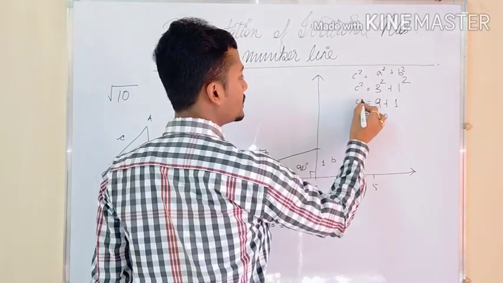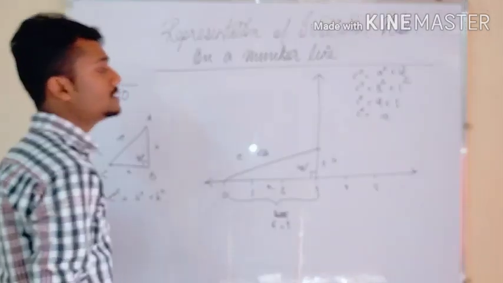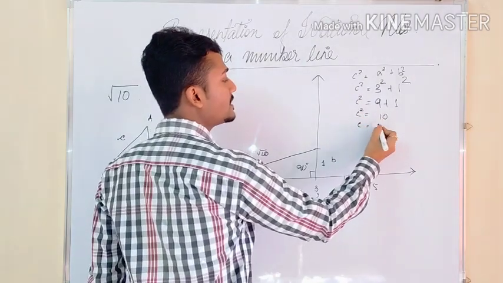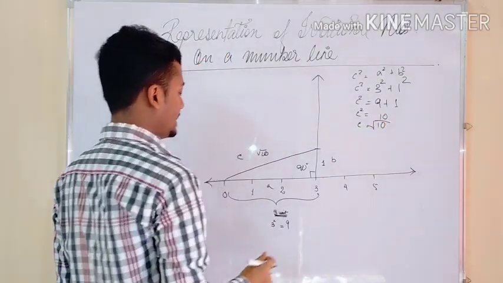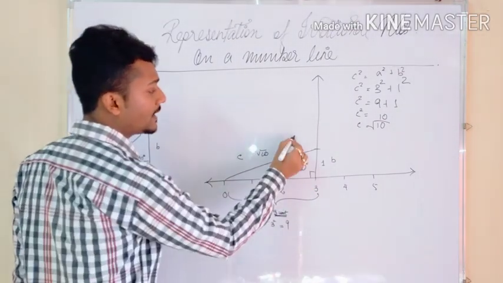C square is equal to 3 square plus 1 square. C square is equal to 9 plus 1. C square is equal to 10. C is equal to root over 10. That means from here to here it is root over 10.